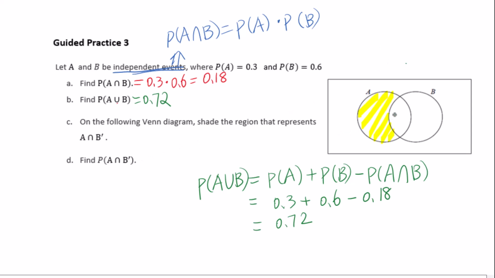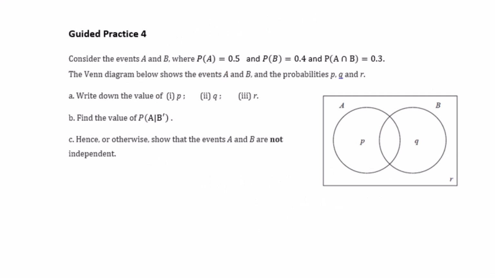We do know this is 0.18. Since the probability of A is 0.3, so 0.3 minus 0.18 equals 0.12. This will be 0.12.